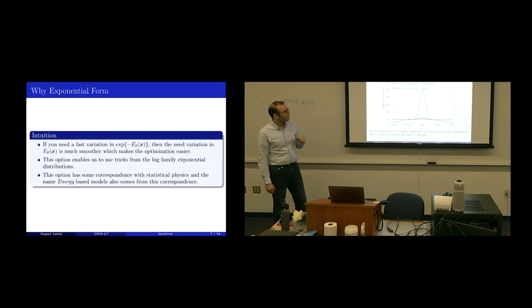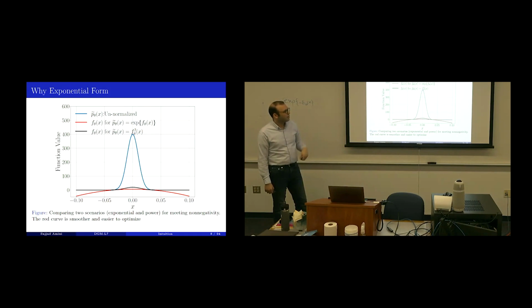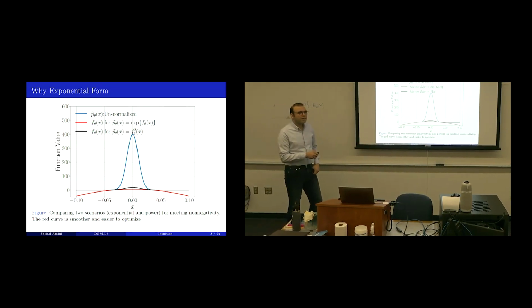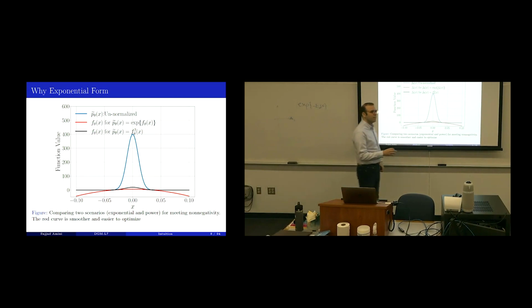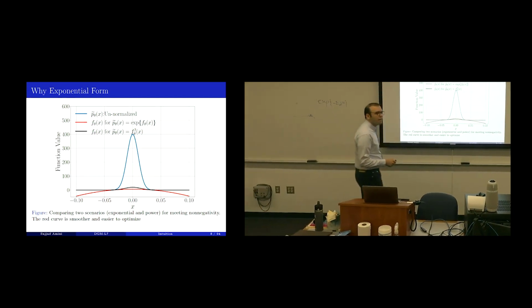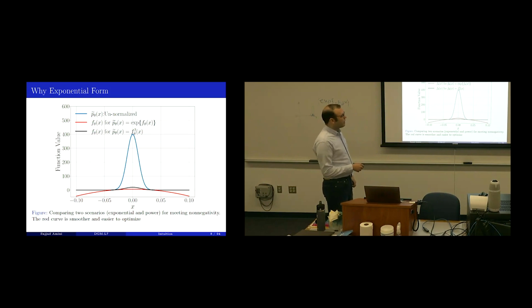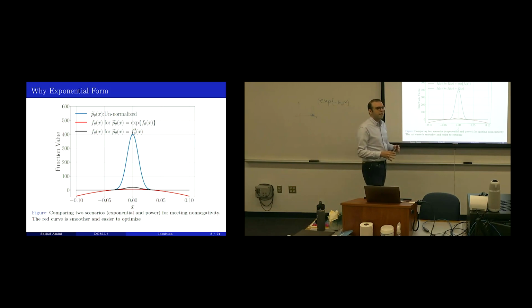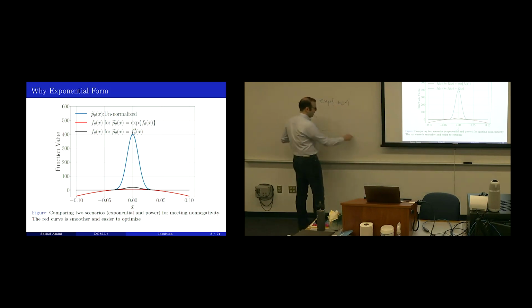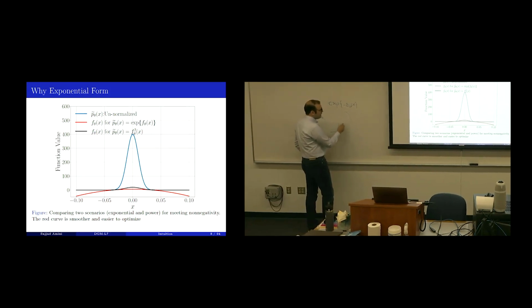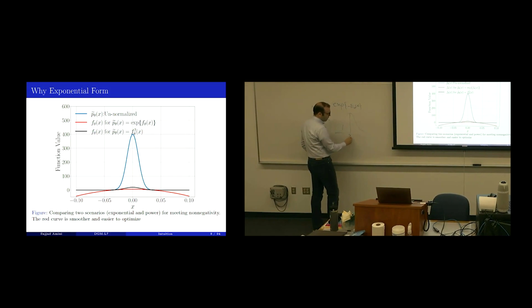Yes? Why does the function value go over 400, when p theta is the probability? No, it's unnormalized. You will see in energy-based models that you always have an unnormalized probability. It means that you have a curve like this. This is unnormalized, but relatively it can tell you whether x0 is more probable or x1.